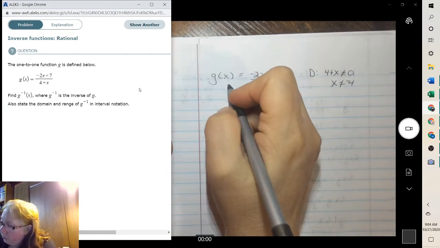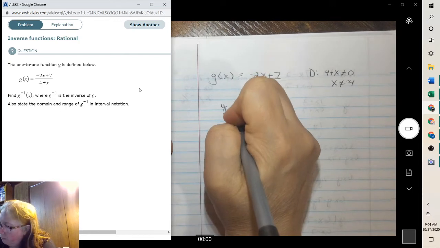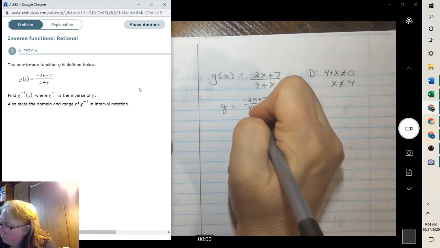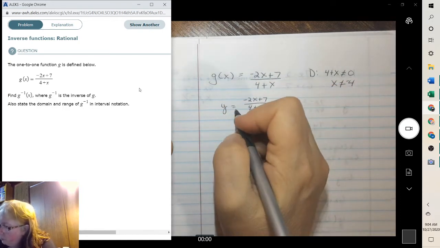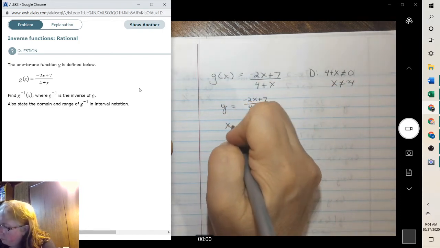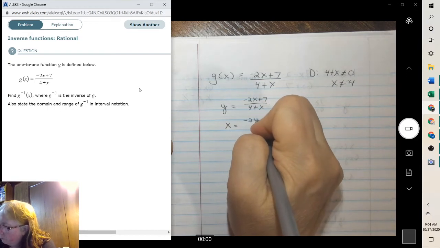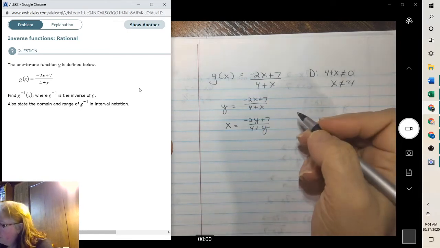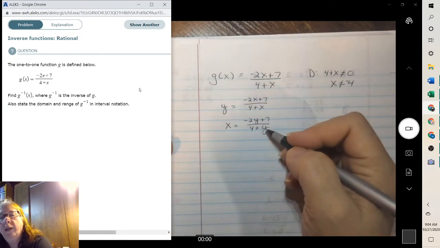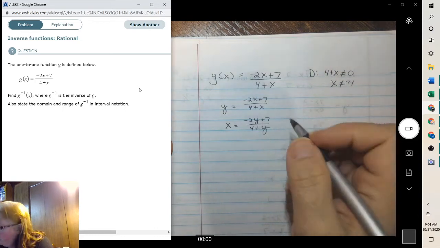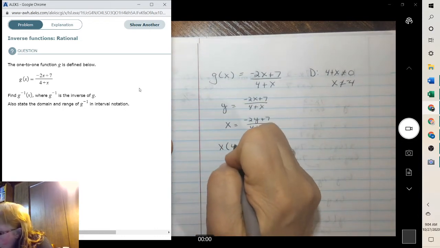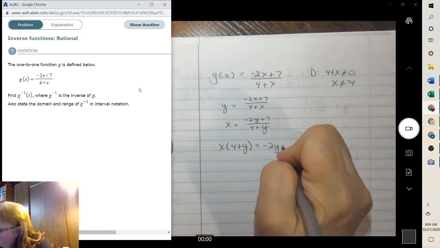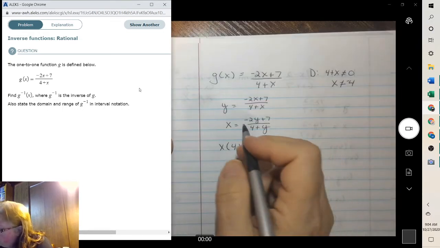To find the inverse, we change our g of x to a y. Then we switch our x and y's. And then we solve for y. To solve for y, I'm going to multiply the denominator to the other side. Distribute the x.